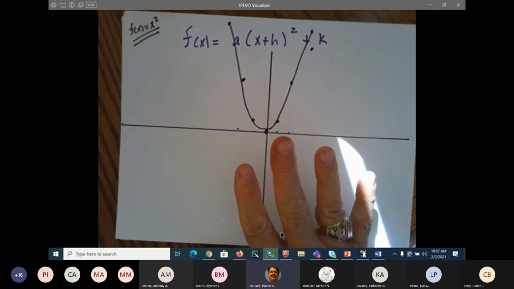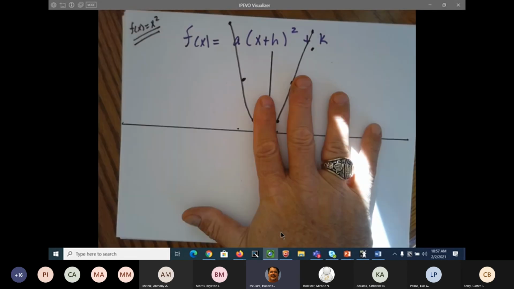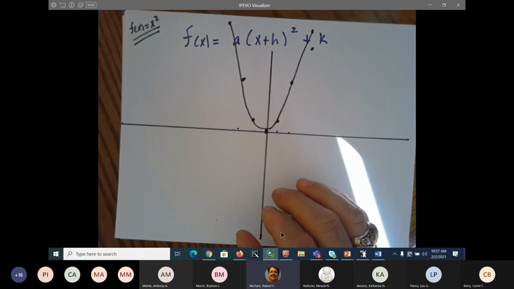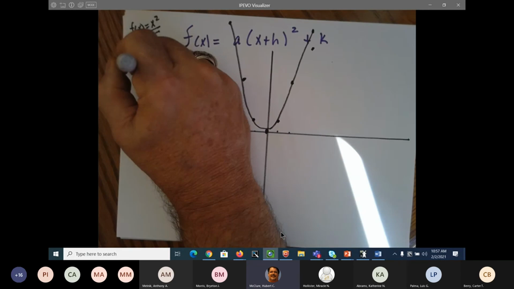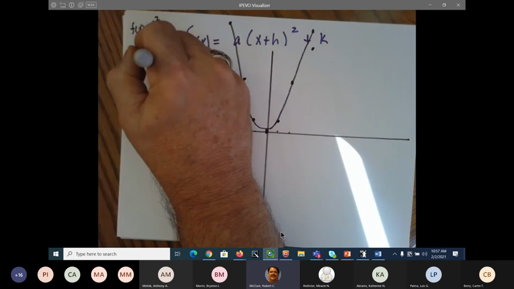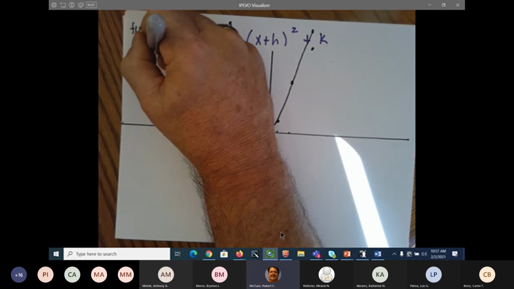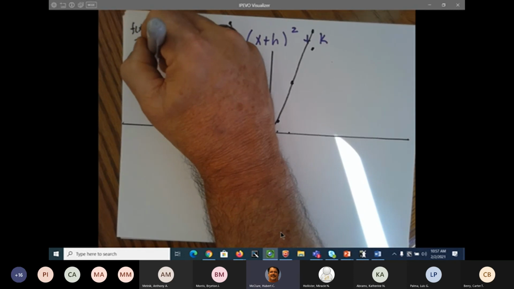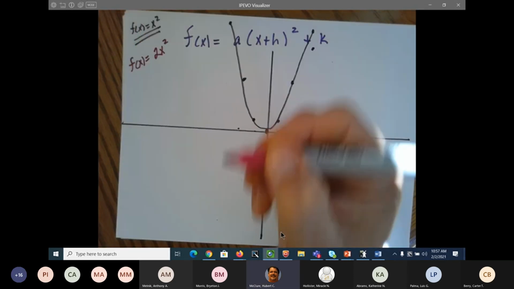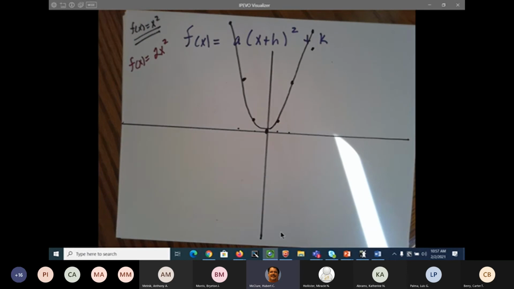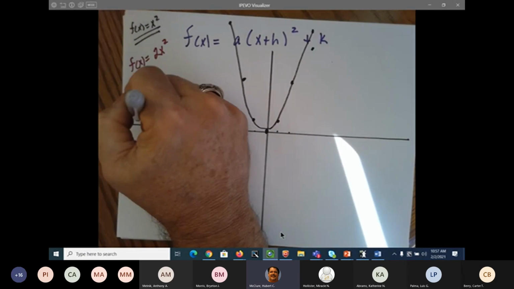I want you to finish filling this out. I want you to do in a red color, let's say a magenta, f of x is equal to 2x squared. And do the chart plot. I'm going to give you an example of how to do these.